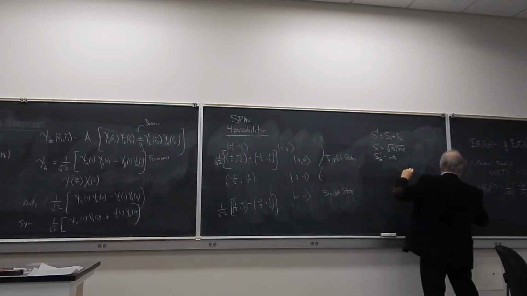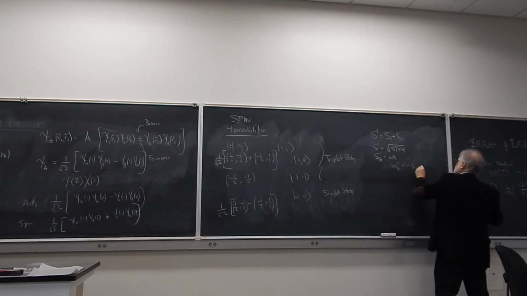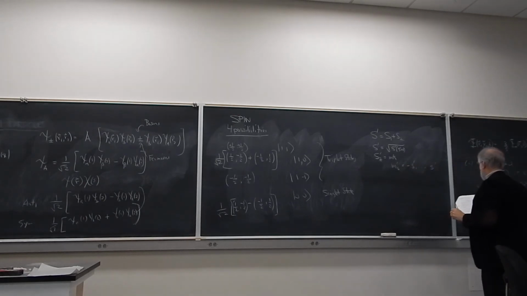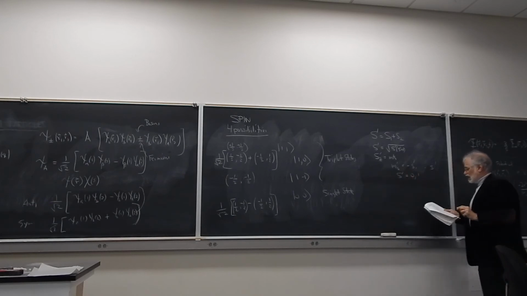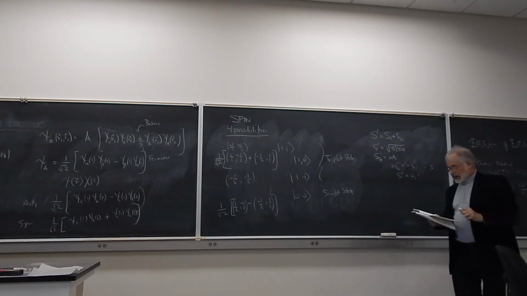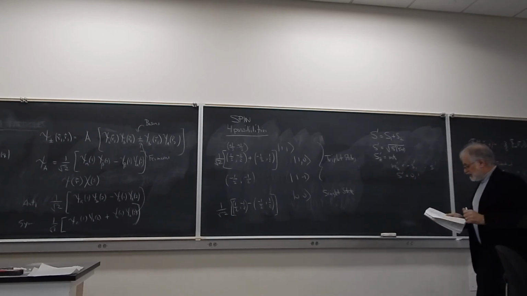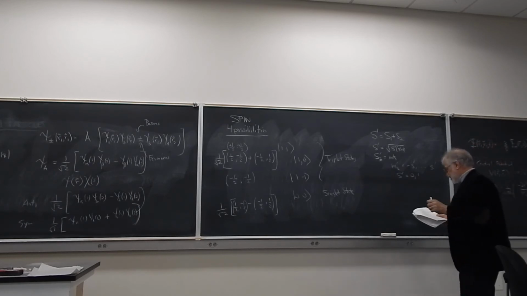And we can say M sub S prime goes from minus S prime to plus S prime. S prime itself can be either 0 or 1. So you can think of the addition of spins in a way that's analogous to vector addition.